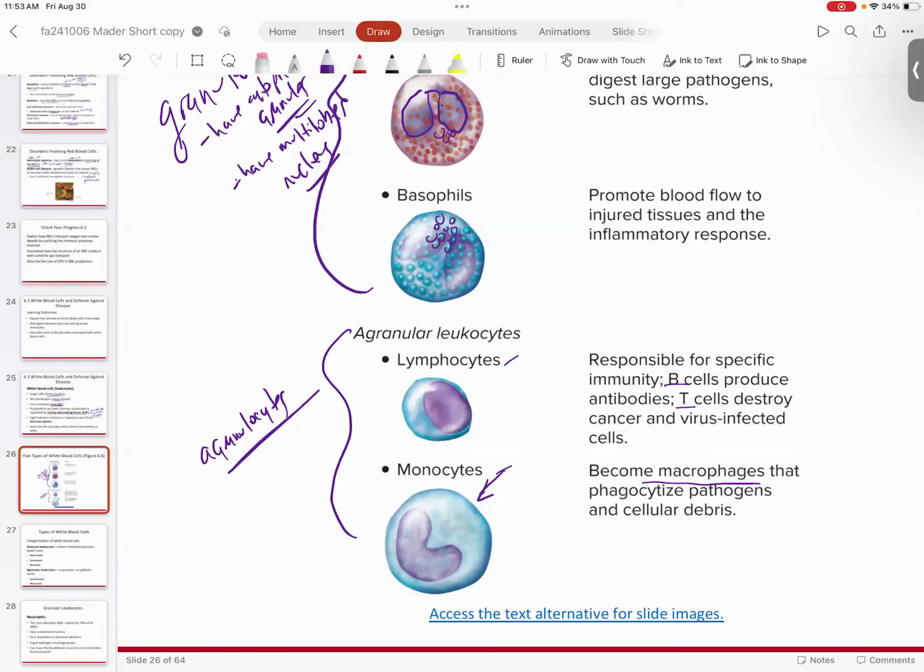So they'll gobble up pathogens, bacteria, and stuff like that. But you can see that a monocyte is basically clear in the cytoplasm, but it has a nice uniform, even if it's kind of a horseshoe shaped nucleus, but it's not puckered, doesn't have those constriction points like the granulocytes have. And lymphocytes typically have a large, kind of an unlobed nucleus itself.